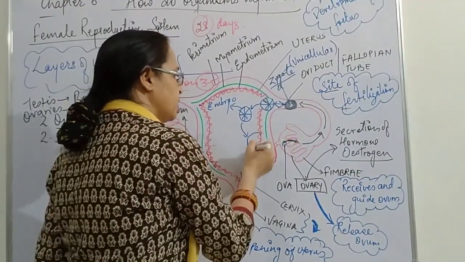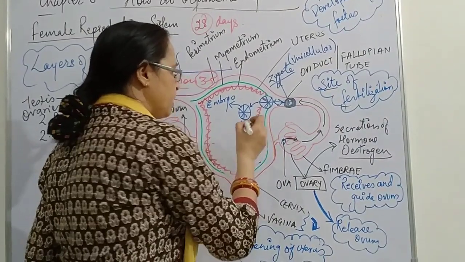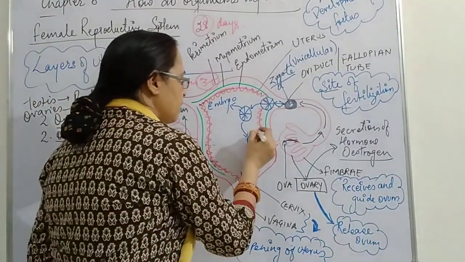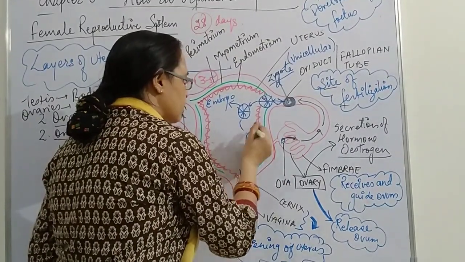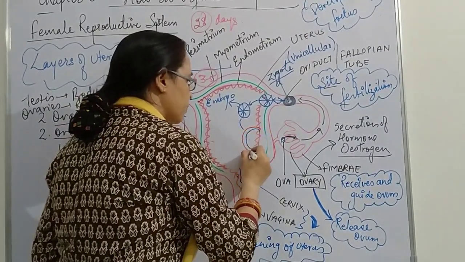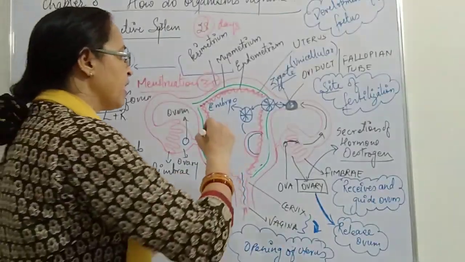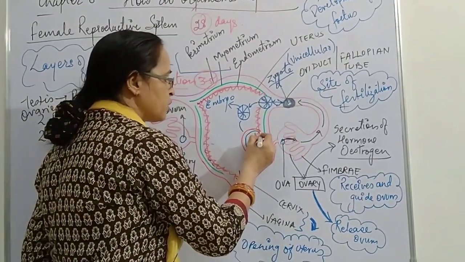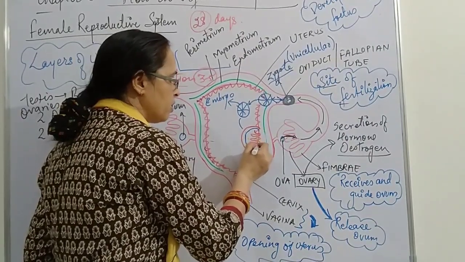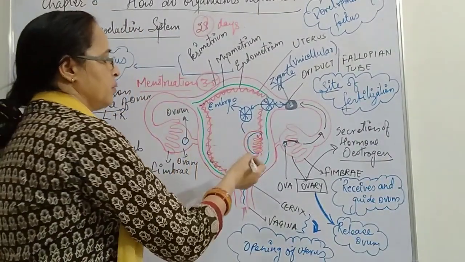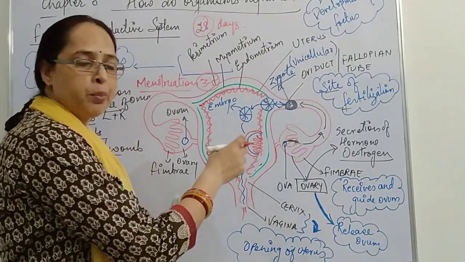When it attaches with the uterus wall, this endometrium layer covers the embryo, and finger-like projections are formed between the two.